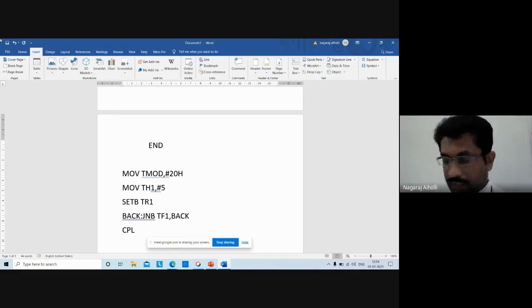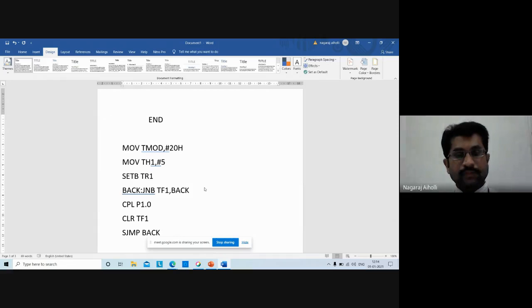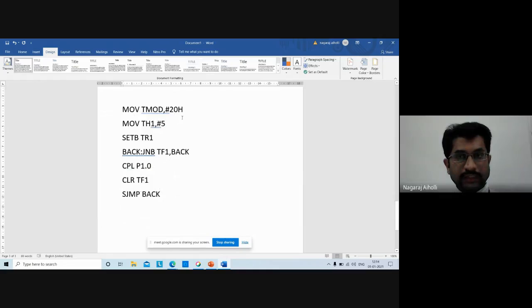CPL P1.0. CLR TF1. SJMP BACK. Small program. Note down this: MOV TMOD, #20H; MOV TH1, #5; SETB TR1; BACK: JNB TF1, BACK; CPL P1.0, complement P1.0; CLR TF1; SJMP BACK.